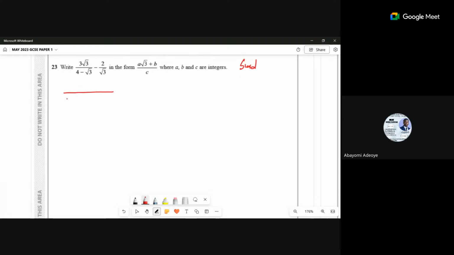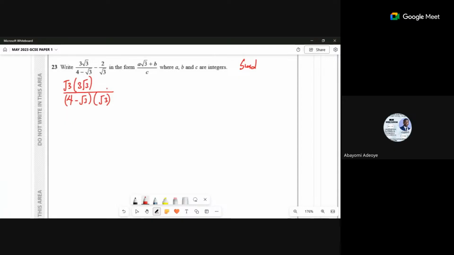What's the LCM here? 4 root 3 and root 3. If I divide the first denominator from the LCM, I'll be left with root 3, times the numerator, root 3 times 3 root 3. Do you get that?